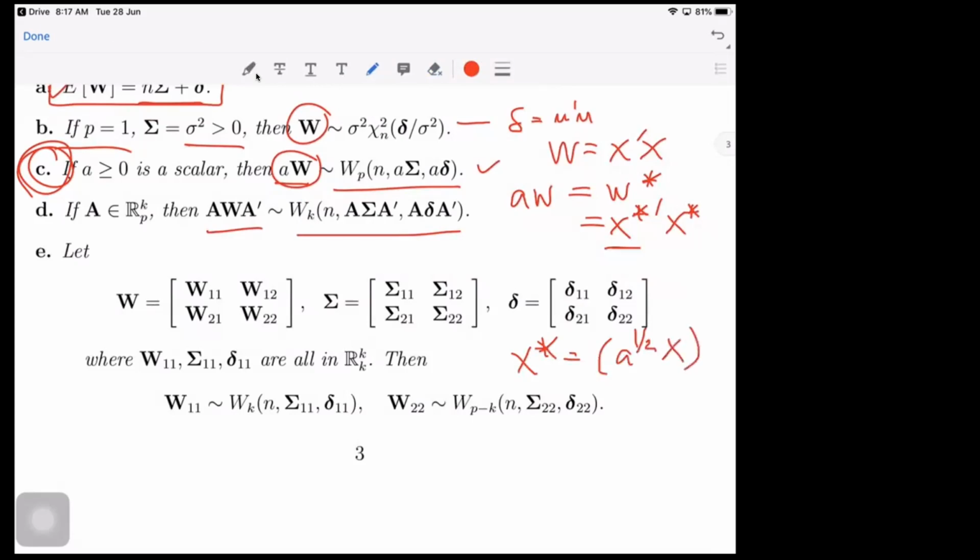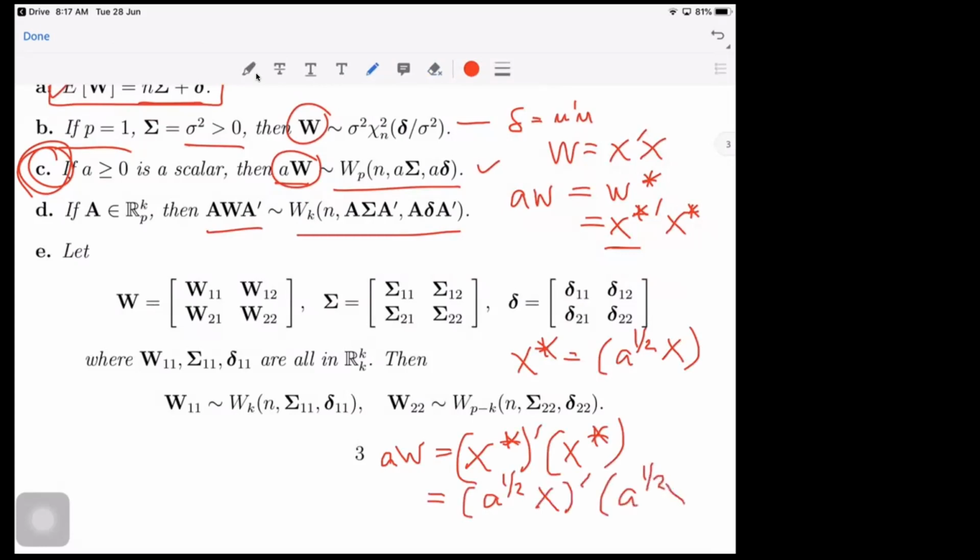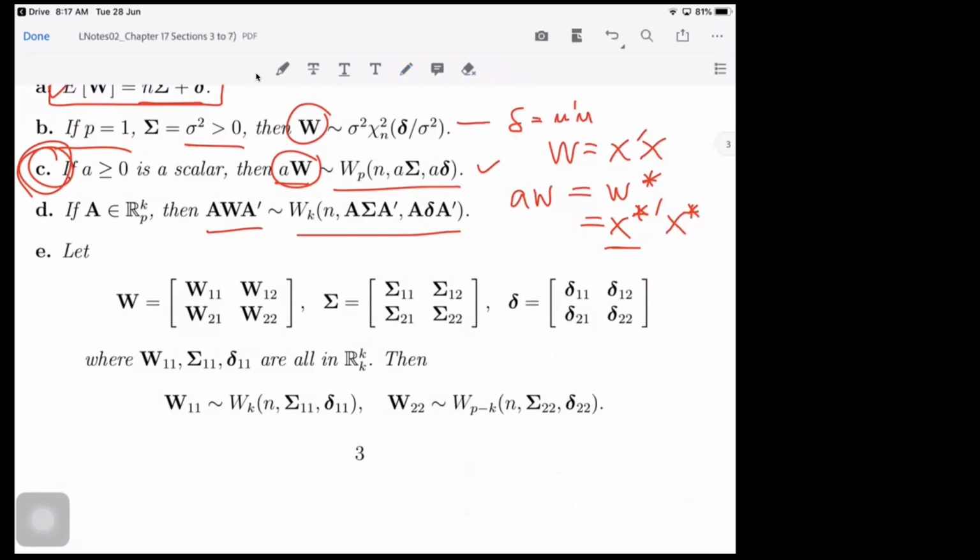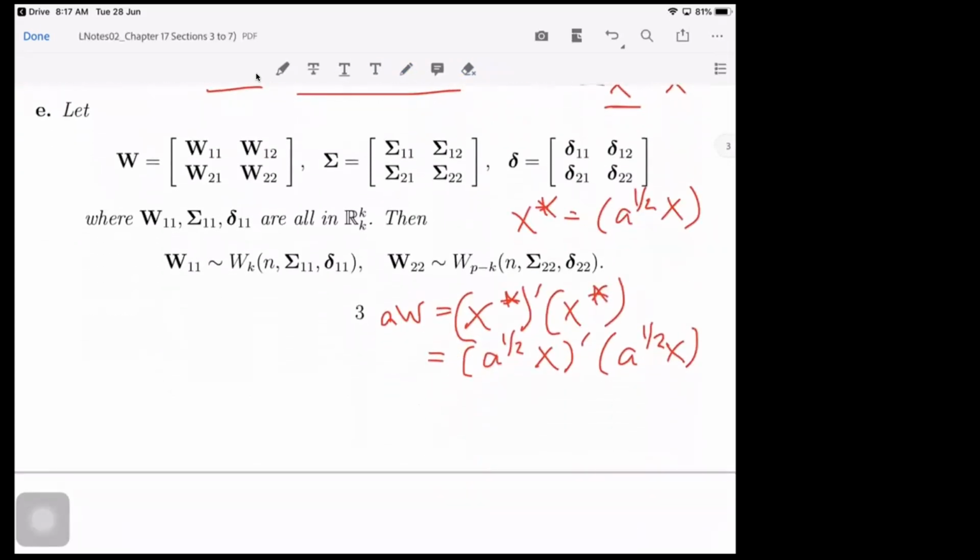So this is X star, our AW here will be X star prime X star, which is A to the 1/2 X prime, A to the 1/2 X. So you will have x prime a to the 1/2 prime.